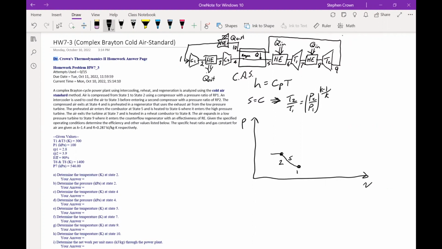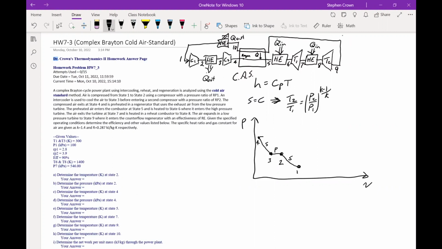And so we'll be going in this direction along a constant pressure line to state 3. And then we'll have more isentropic compression to state 4 in the second compressor. So now we have the compressor, the cooling in the intercooler, and then from 3 to 4 compression in the second compressor to the highest pressure.